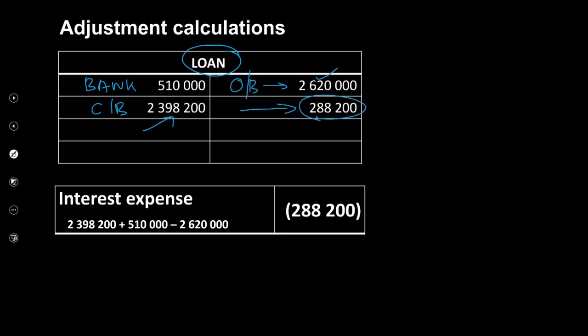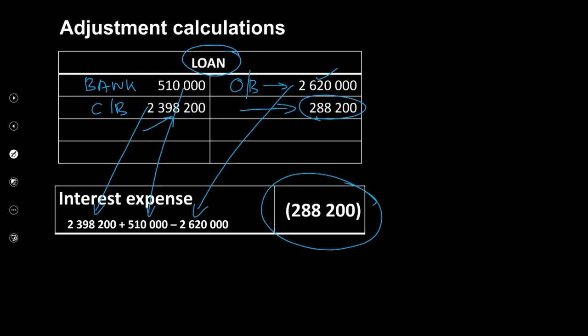Watch. Here's my calculation once again. 2,398,200. I'm showing you exactly what we're doing. Add the 510,000 minus the 2,620,000, and there we go. There's my closing balance for the interest on my loan rather, to be an amount of 288,200.